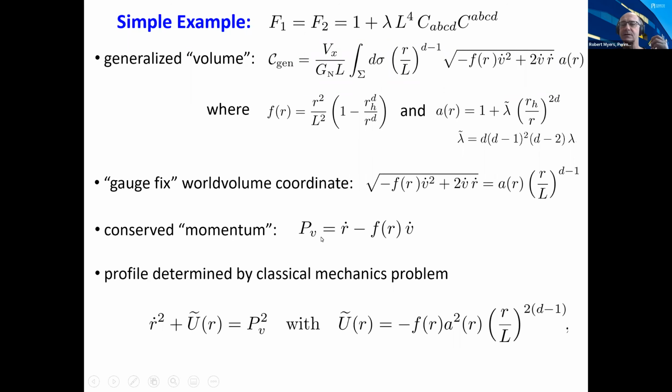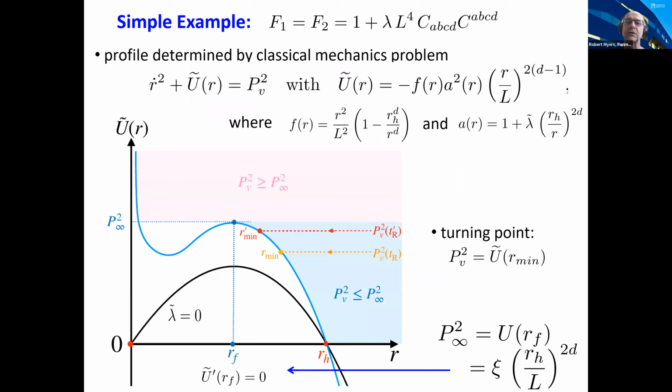So we'll see that this also remains more or less constant in time, at least at late times, in a few slides. In any event, here I've got this interesting classical mechanics problem. Again, it's something that I can use a lot of intuition from classical mechanics for.